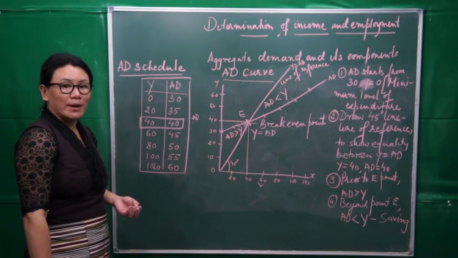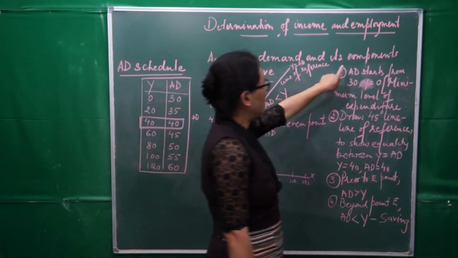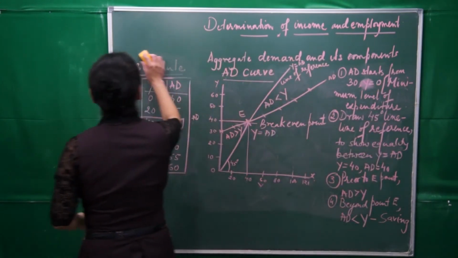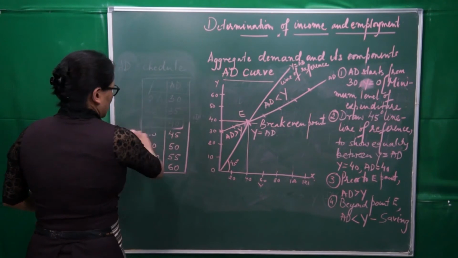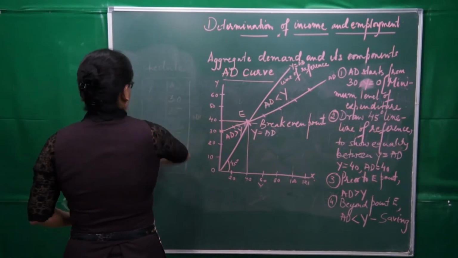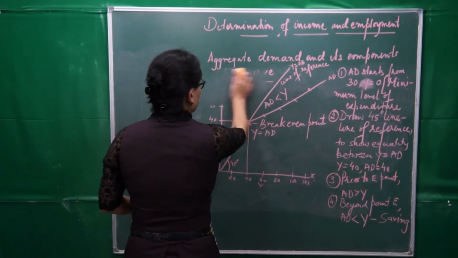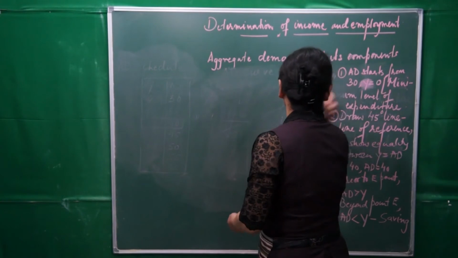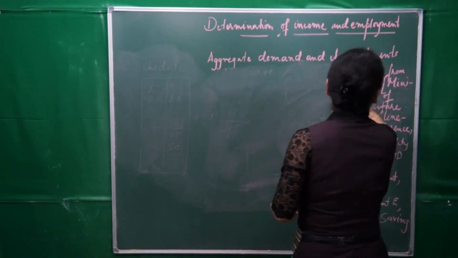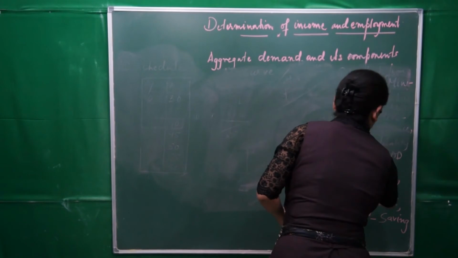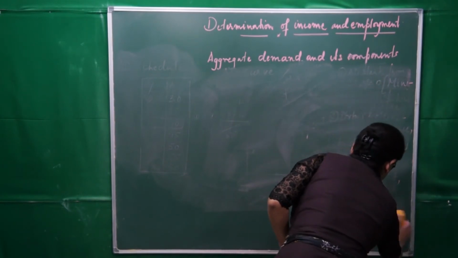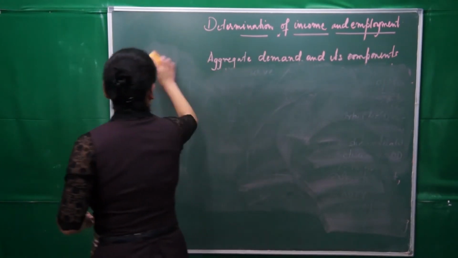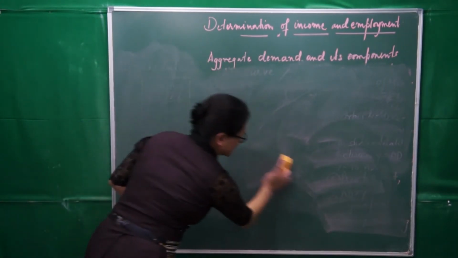Now, next one is, we will go for the components. All right. Remember, in the meaning of aggregate demand, I have written people that are planning to spend on the purchase of final goods and services, right?